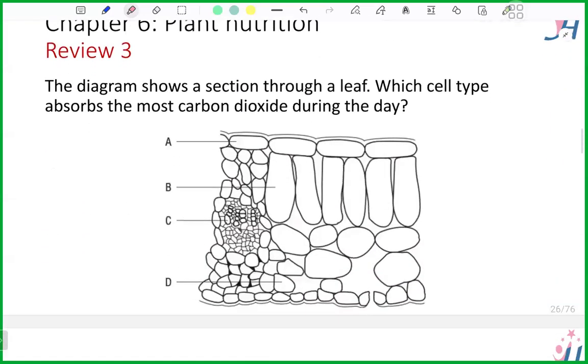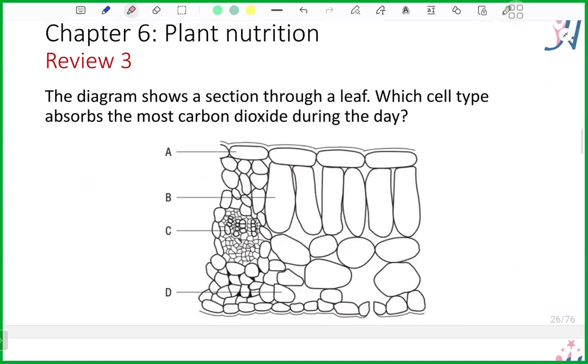And the diagram shows a section through a leaf, and which cell type absorbs most carbon dioxide? So they said most carbon dioxide during the day, and it said the day, right? So during the day, plants perform photosynthesis, and the main site for photosynthesis is the palisade layer. So the answer would be B, right?